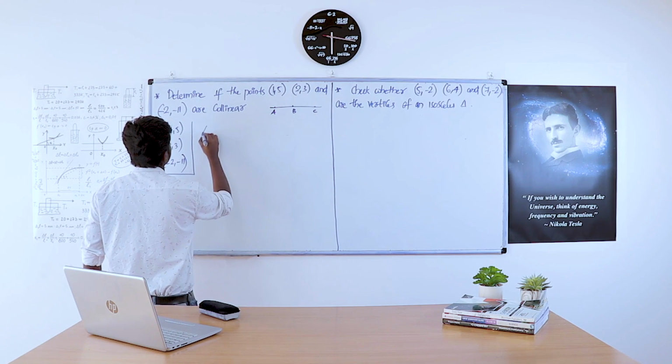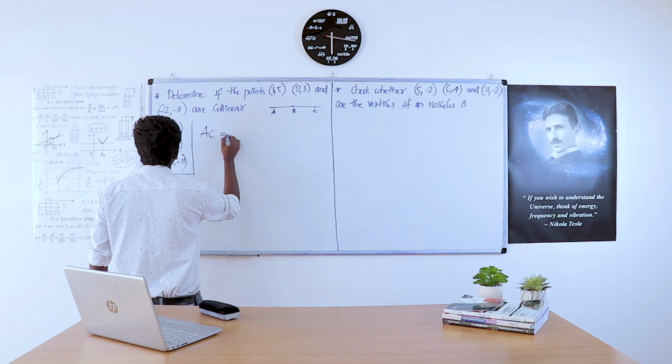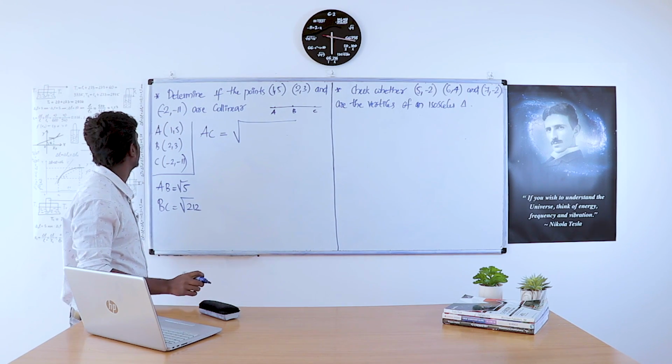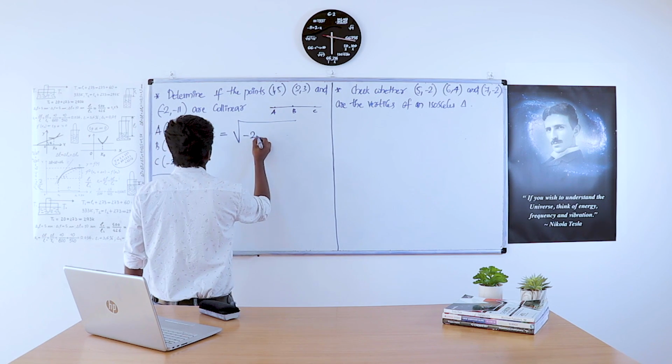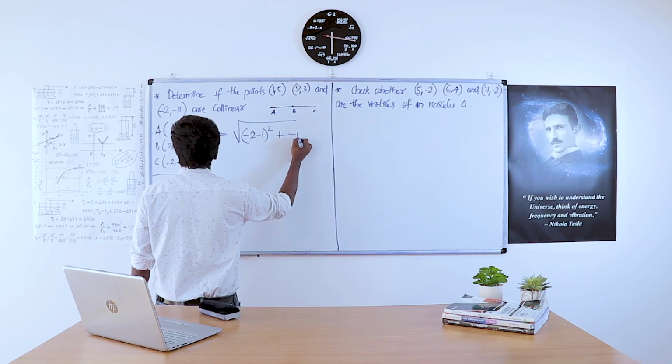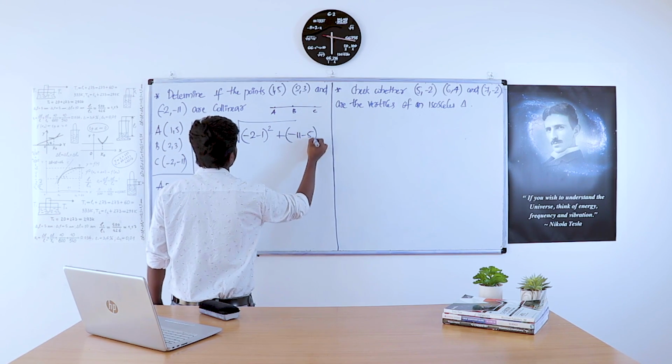So what is AC? AC is equal to root of (x2 minus x1) the whole square plus (y2 minus y1) the whole square. Then (minus 2 minus 1) the whole square plus (minus 11 minus 5) the whole square.